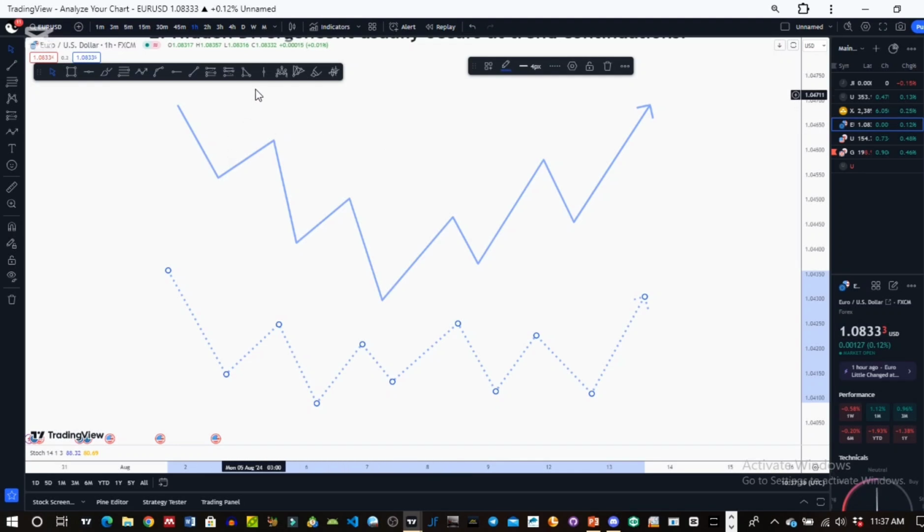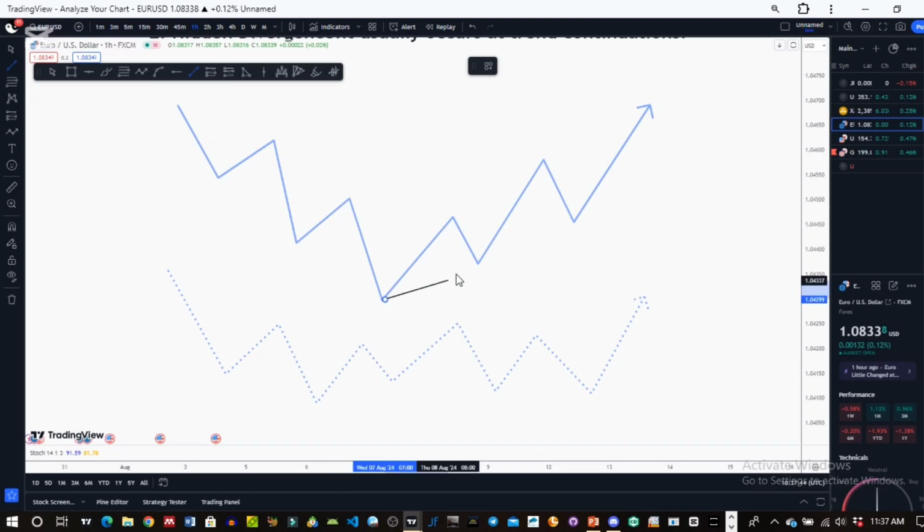All right. So the price is in an uptrend, while the indicator is signaling that it's moving in a downtrend. All right. Same with here.